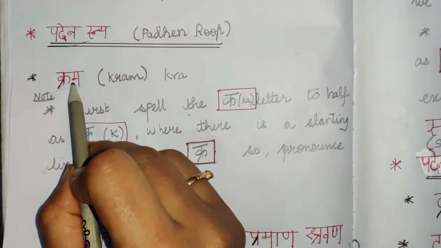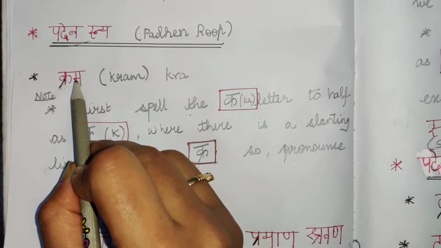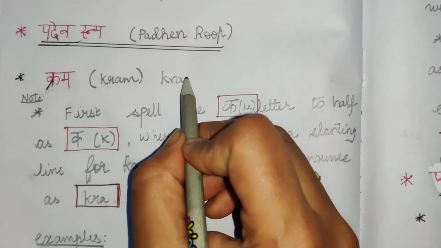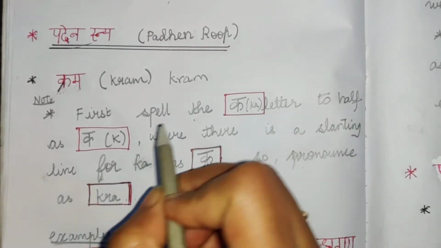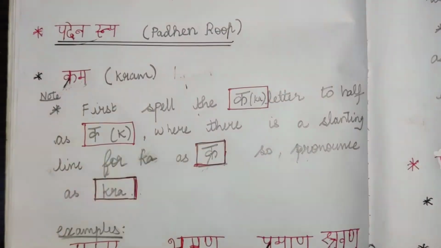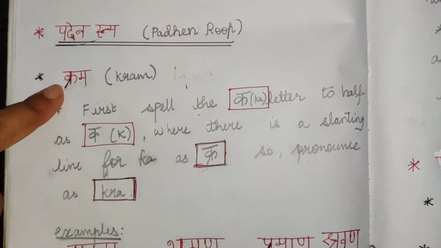Then we have the ending letter Ma. Whenever there is an ending letter in Hindi, it will be sounded like Im. So Kram, it will be like this.